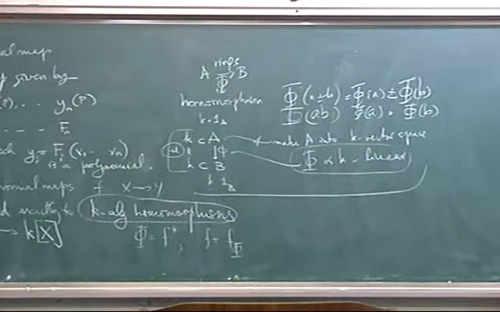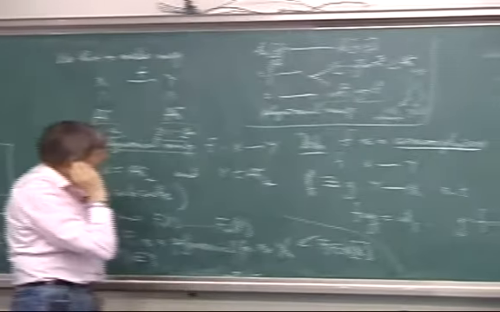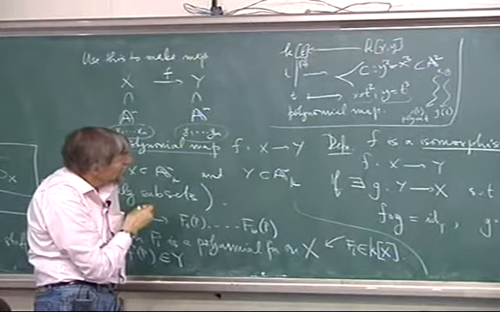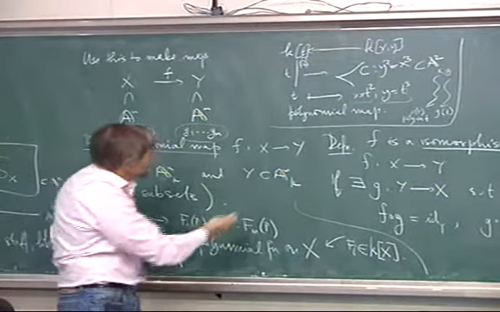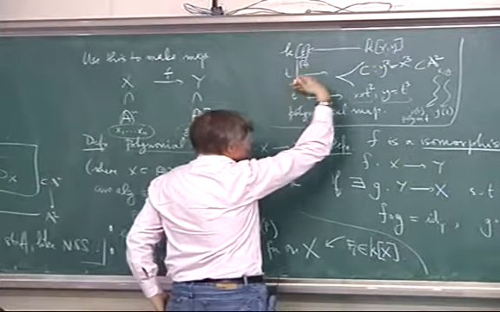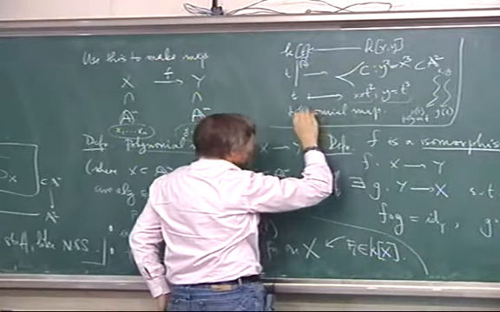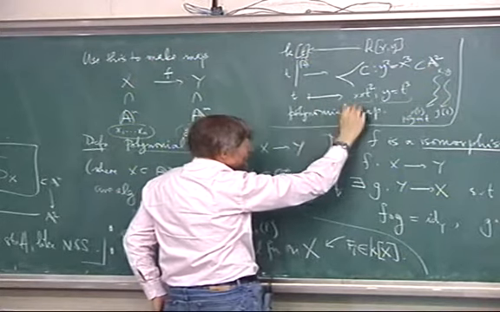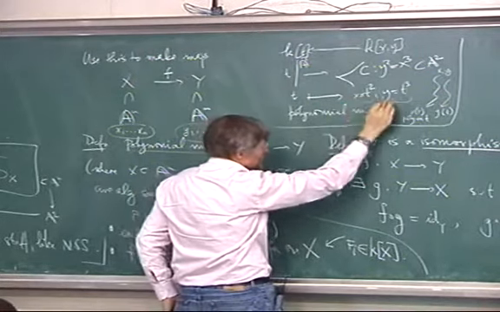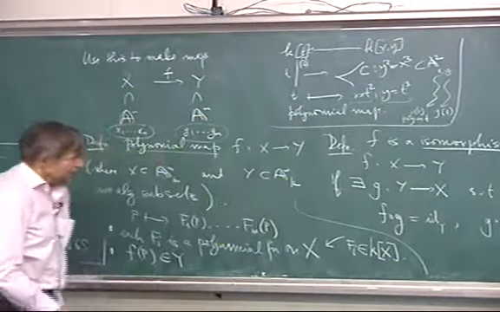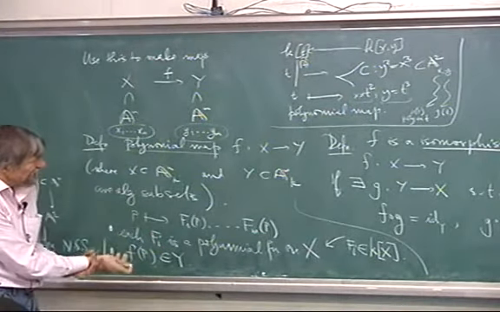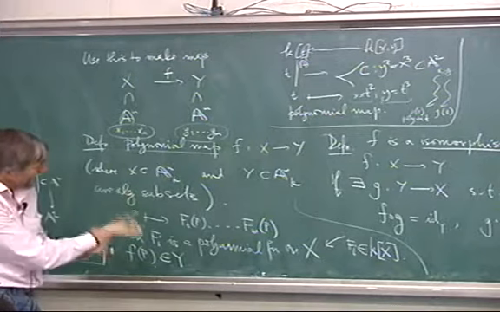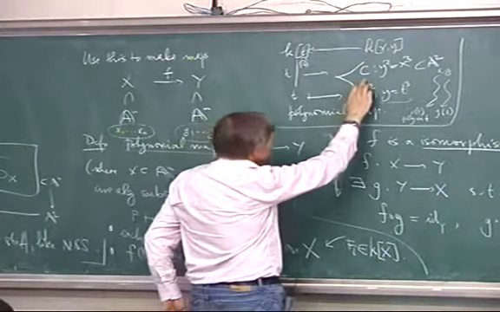Okay, so to go back to this example, if I want to take a map from A1 to a curve in A2, I have to take the point T and send it to X some function of T and Y some function of T. And I have to do it so that the equation of the curve C is satisfied.